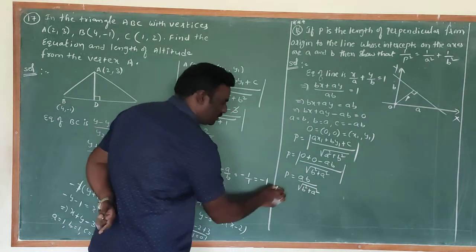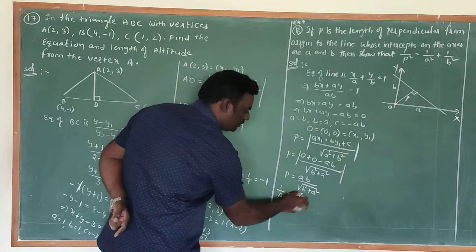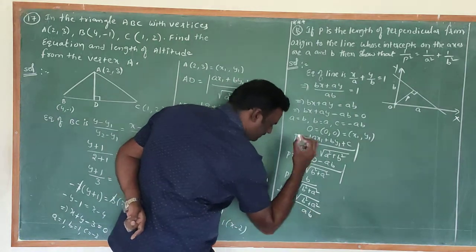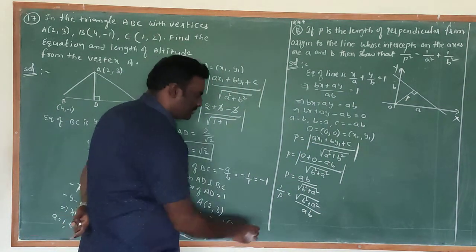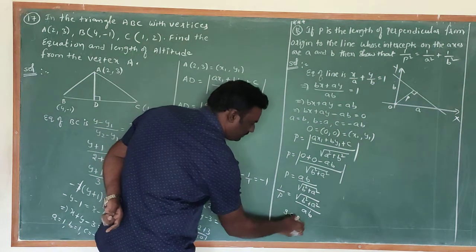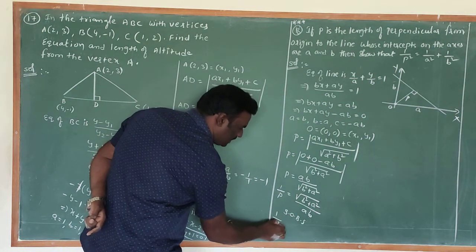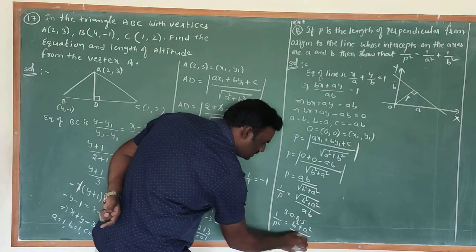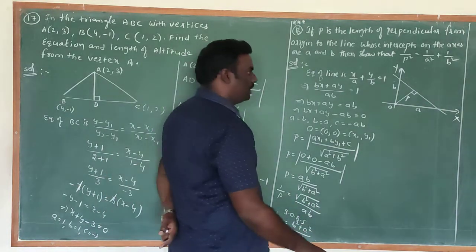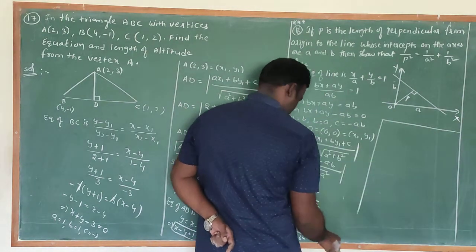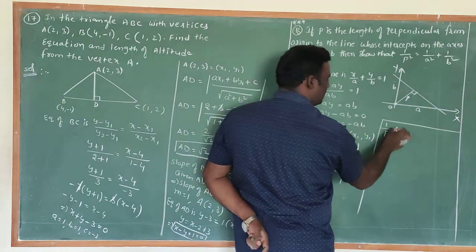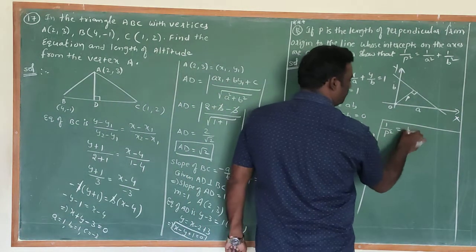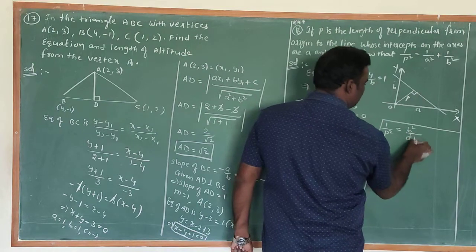Next, I am taking the reciprocal. 1 by P is equal to under root of B square plus A square by AB. Now, squaring on both sides, 1 by P square equals B square plus A square by A square B square. Now divide separately. 1 by P square equals, first, the term in numerator B square by A square B square.